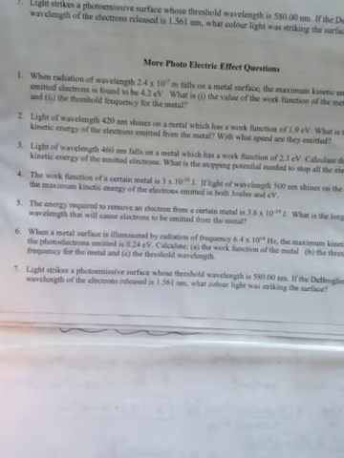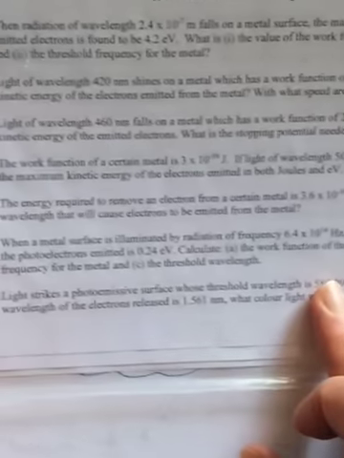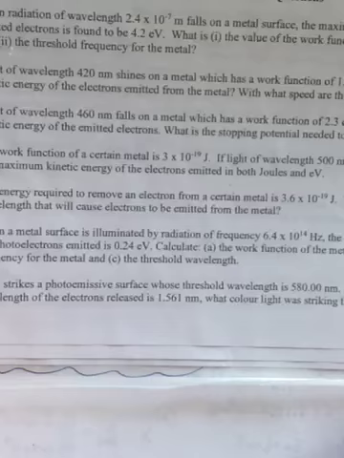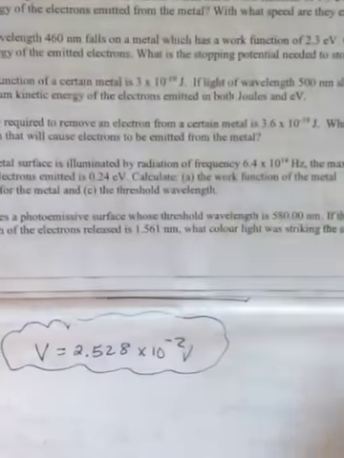It says, light strikes a photoemissive surface whose threshold wavelength is 580 nanometers. If the de Broglie wavelength of the electron is 1.561 nanometers, what color is the light that's striking the surface?